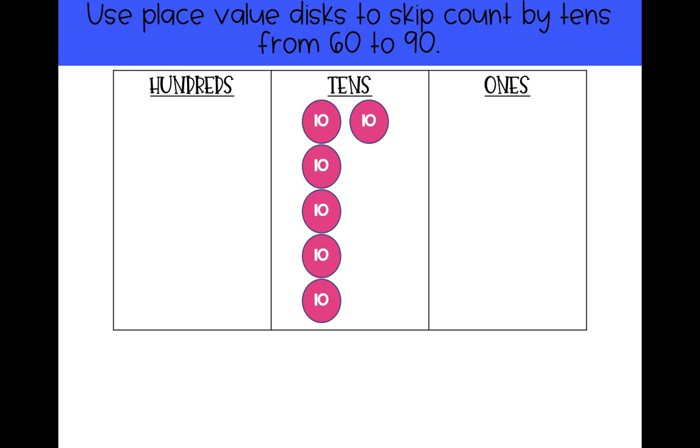Go ahead and draw your 6 tens so that you're ready to skip count from 60 to 90. Let's go ahead and skip count together. Make sure you're drawing a new 10 every time we count. Starting with 60. Are we ready? All right. 70, 80, 90. We had to draw 3 more 10s to get from 60 to 90.